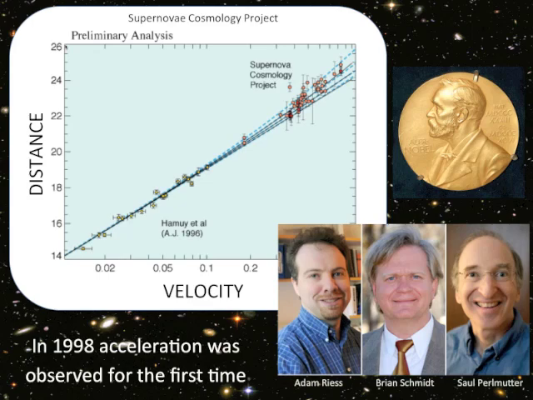So in 1998, this was observed for the first time by two different teams at Harvard and Berkeley. And this is what's basically considered the discovery of dark energy. So teams led by Adam Riess and Brian Schmidt and Saul Perlmutter at Berkeley used a method based on supernova explosions for which you can measure the distance very accurately, right?